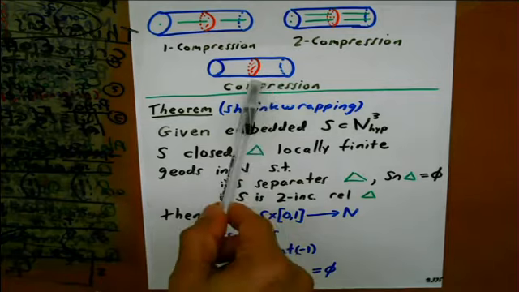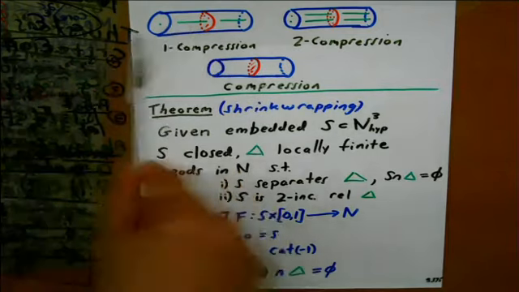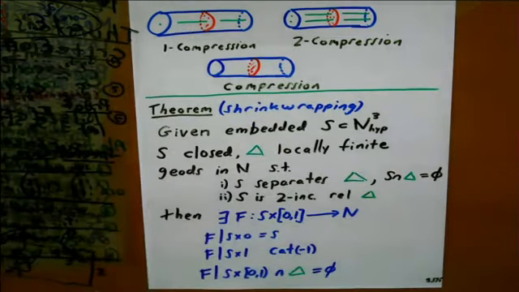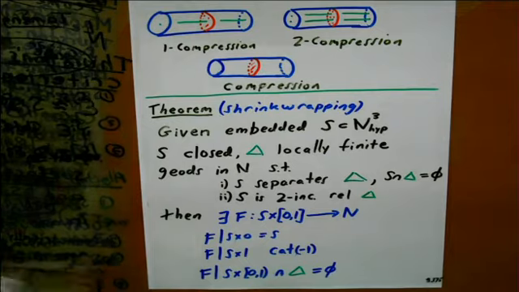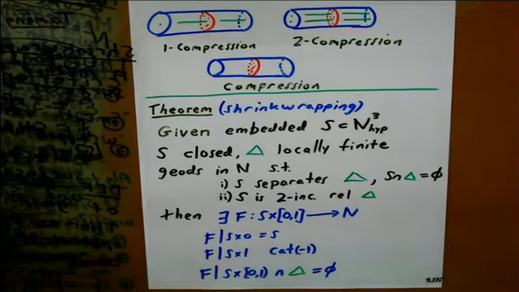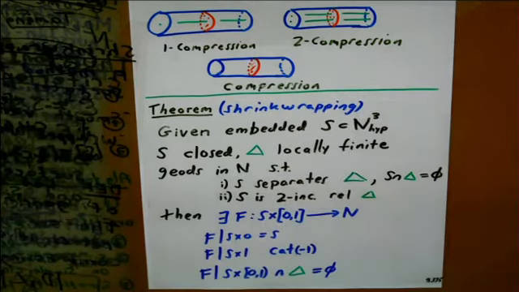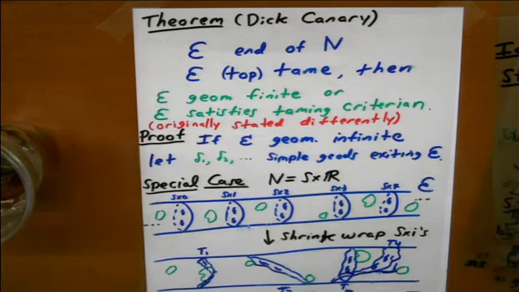So here's a standard compression, like a 1 compression, 2 compression. So the shrink wrapping theorem, as I've hinted at in this picture, is that if you have a surface that satisfies this incompressibility condition with respect to these curves, then you can shrink wrap it.